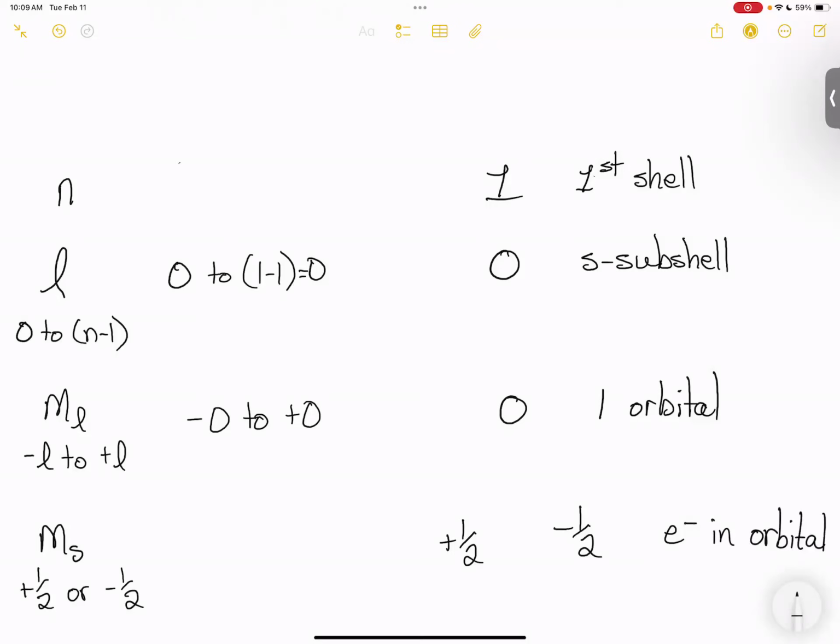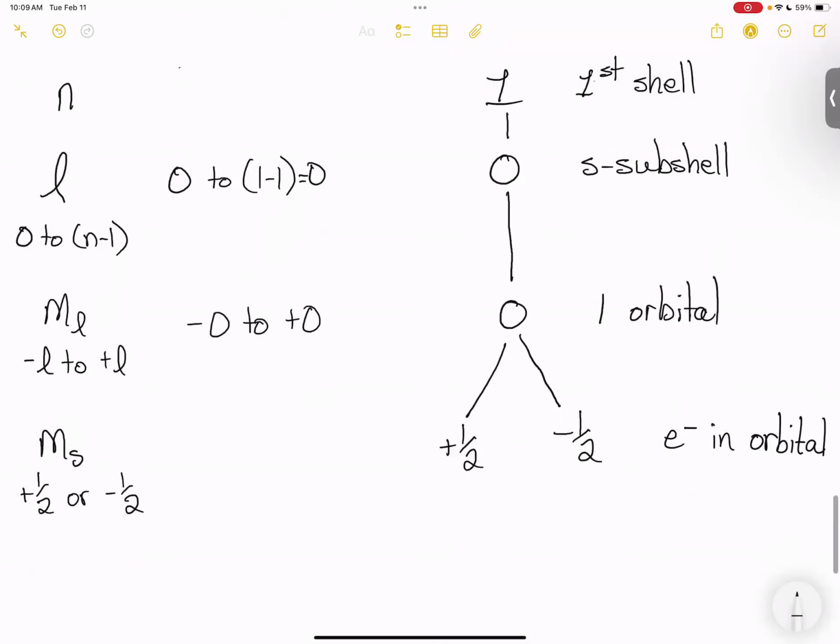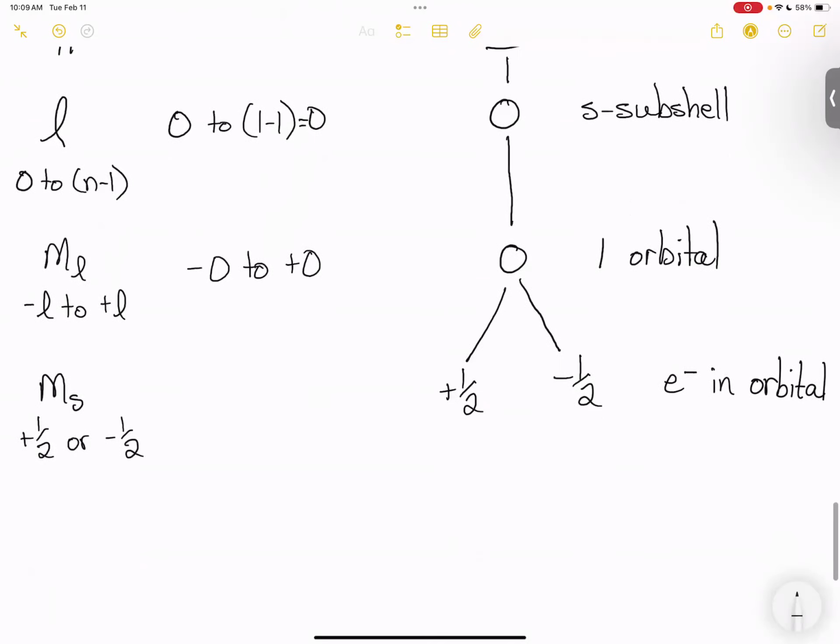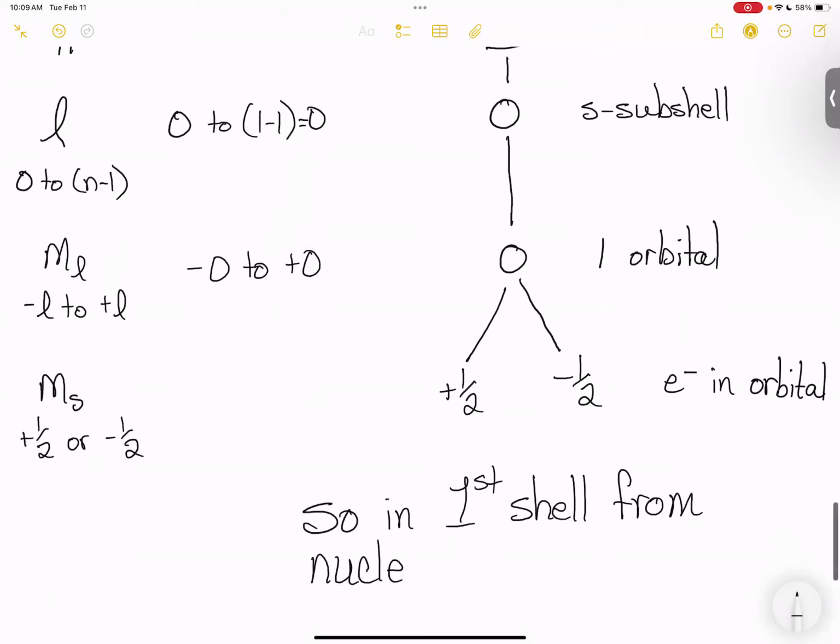So in the first shell away from the nucleus, the maximum number of electrons is 2.